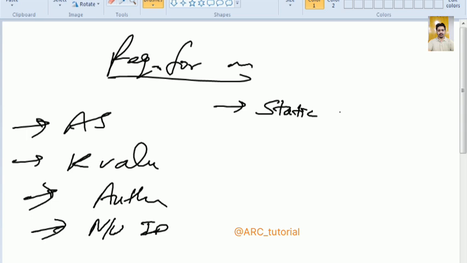If you do not configure a static neighbor on both ends, then your neighborship will not come up. Let's say that you have configured a static neighbor only on one end, but on the other end you didn't configure your neighbor statically. In that case, neighborship will not come up. Understood?